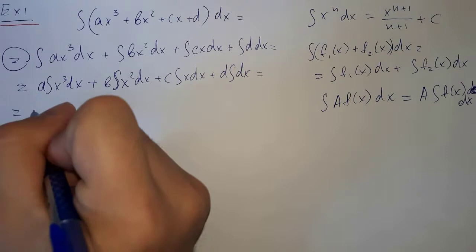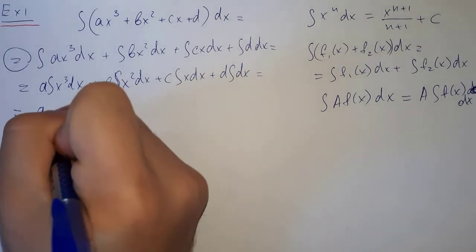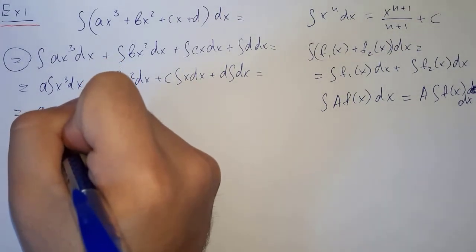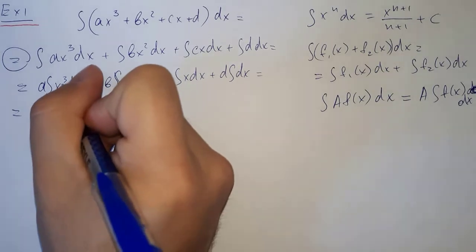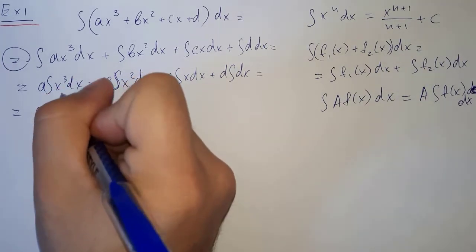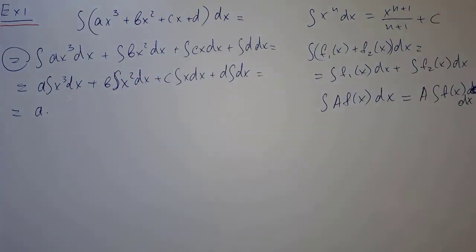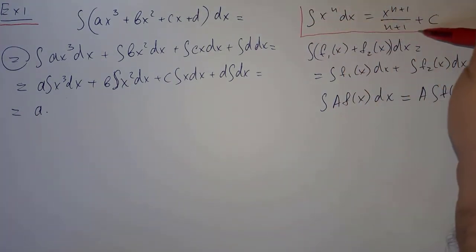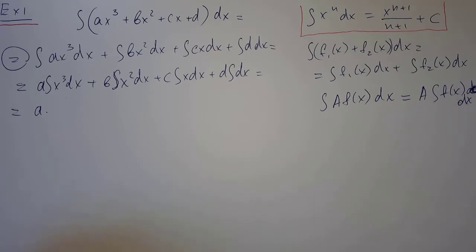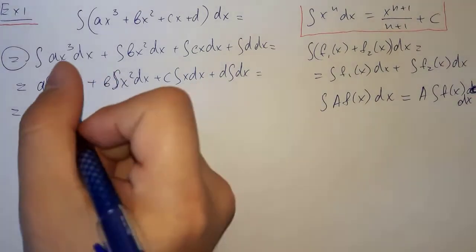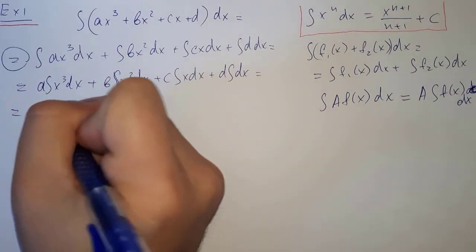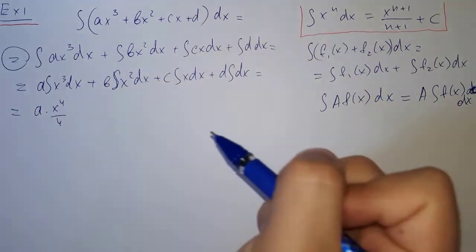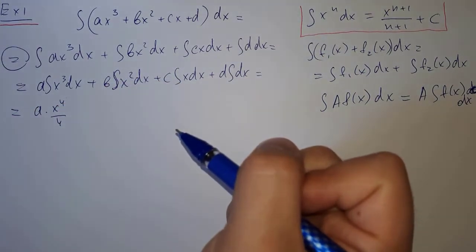So it will be now a times x fourth over 4, because we will use this property from the table, x to the n plus 1 over n plus 1.